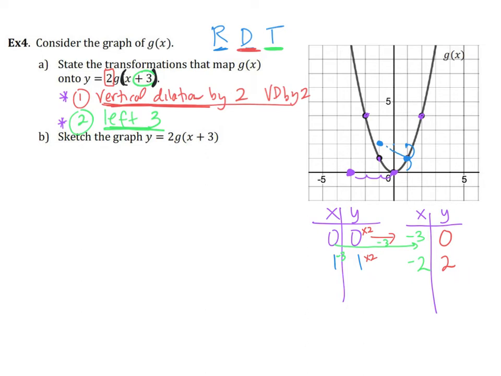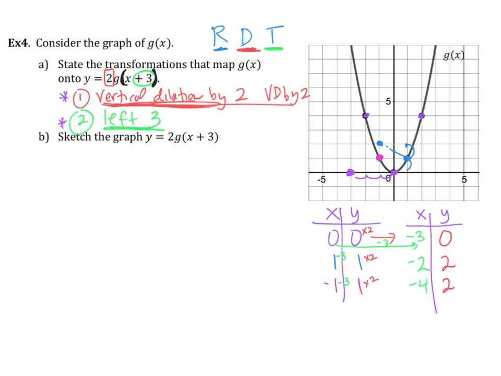I'm going to do the same thing with the next point. So I'll choose this -1, 1. Well, we just said we have to double the vertical dilation, so that's twice as high. So that becomes +2. And then with my x value, I have to shift to the left 3, so that becomes negative 4.